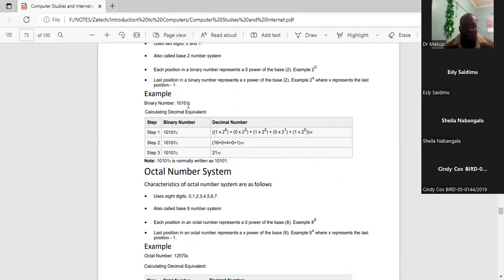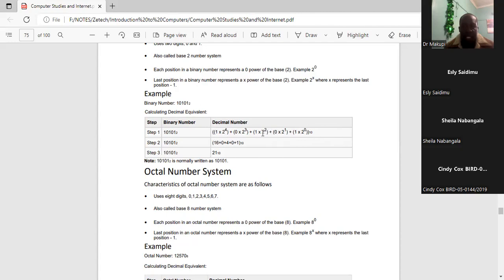What I do, I multiply by increasing powers of 2, so that the first digit of this binary, 1, I multiply by 2 raised to 0. 0 multiplied by 2 raised to 1. 1 multiplied by 2 raised to 2, like that. That's why I'm saying increasing powers of 2. So that 2 raised to 0 times 1, 2 raised to 1 times 0, like that.